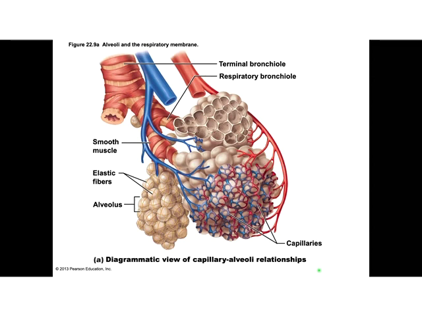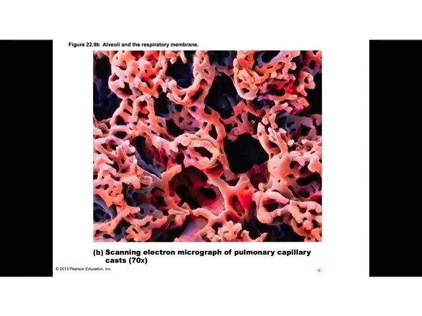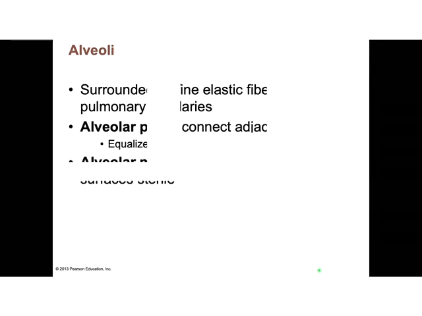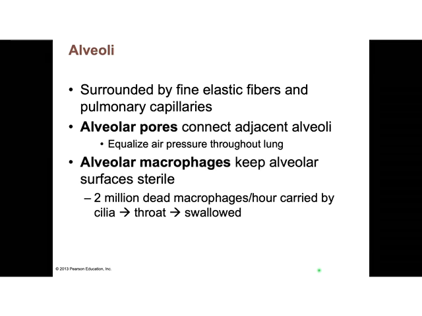Lots of capillaries here. And there is a scanning EM micrograph of the capillaries of the alveoli. The alveoli are surrounded by elastic fibers and pulmonary capillaries. Pores connect the alveoli. They're called pores of Kohn, and they let the macrophages wander from alveolus to alveolus.